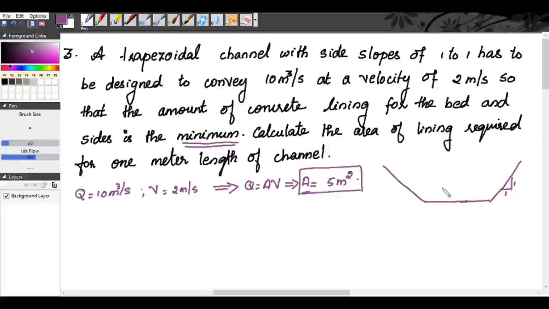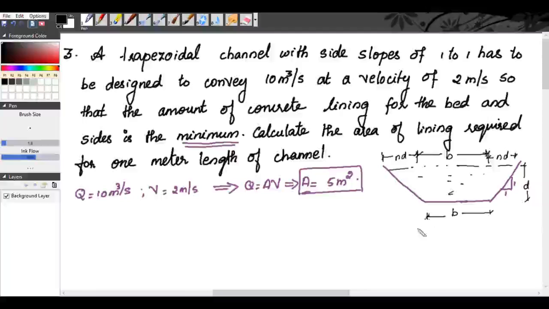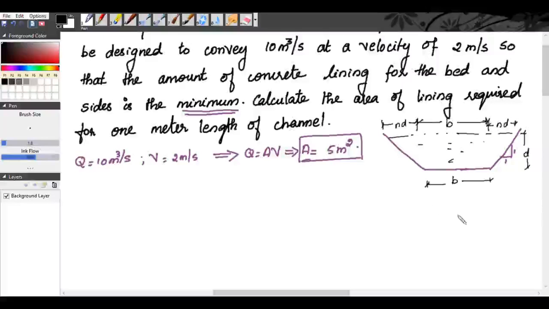Now we will take the depth as small d. So this is nd, nd and b. This is b. So let us find what is nd, right?